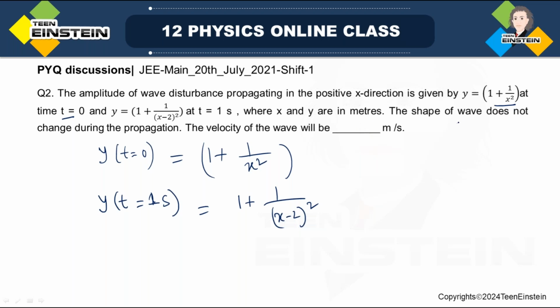The shape of the wave does not change during the propagation. Suppose the shape of the wave is not changed, then what will be the velocity of the wave in meter per second?